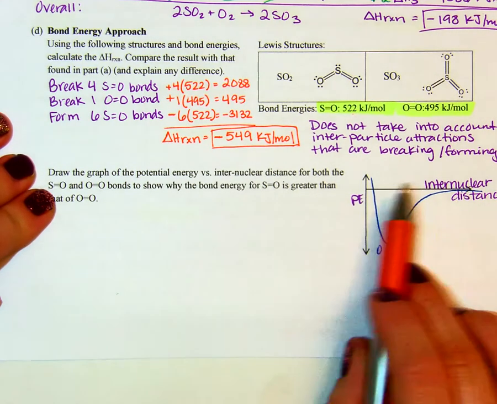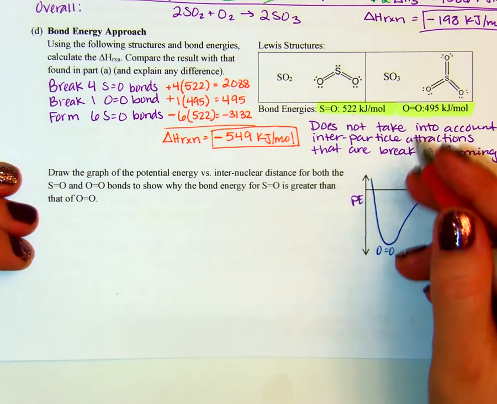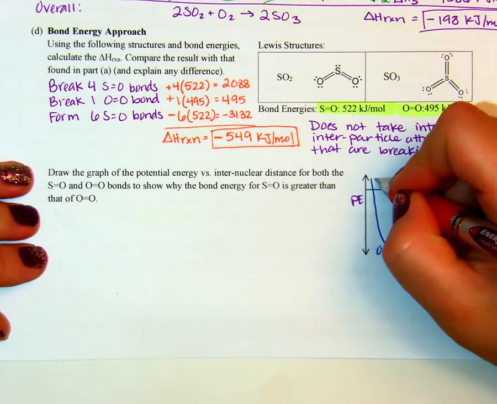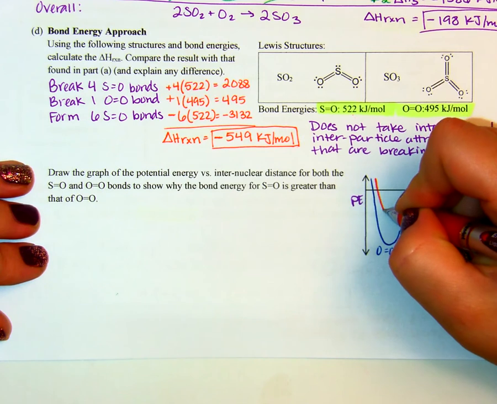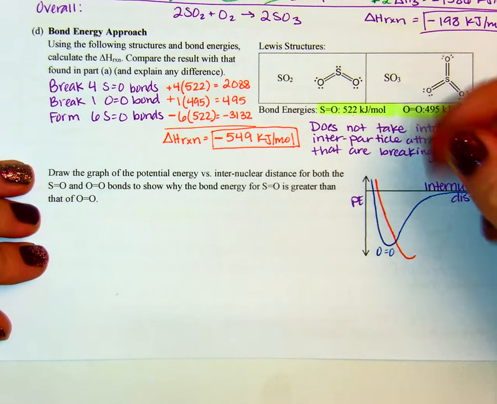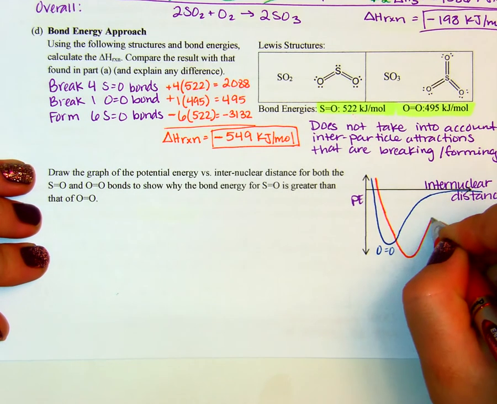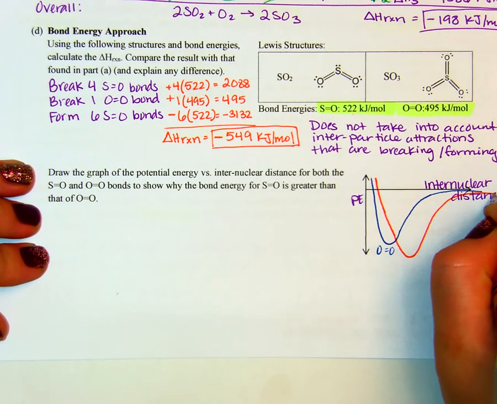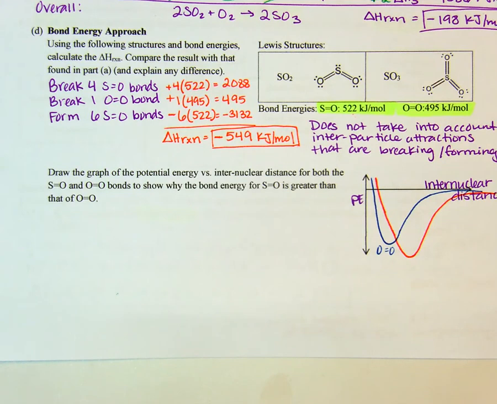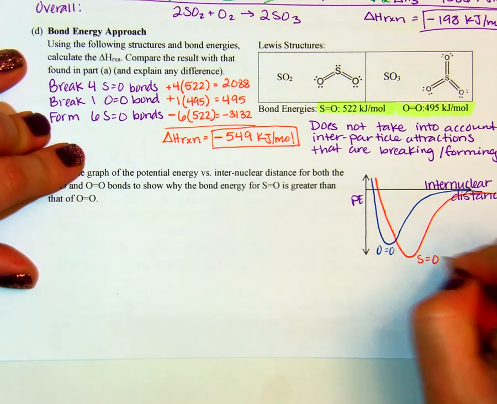And this is, of course, the distance that they are away from each other, and then this is the potential energy. Now we're going to look at sulfur to oxygen. So that potential energy well is lower, and it's shifted over. And then it levels out when they get far away from each other, and when they're too far away, it's pretty much near zero. Okay, so why does this happen? And this is our SO bond.